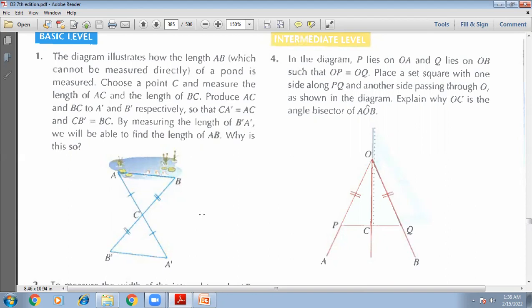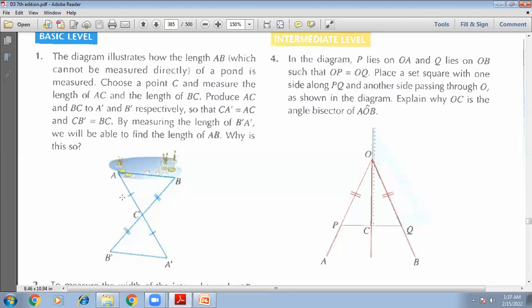So the methodology is very simple. This question might look very difficult, but the actual question is very simple. We have to prove that this triangle and this triangle are congruent to each other. If they are congruent, then side AB will be equal to side A prime B prime. So how can I prove that these triangles are congruent?